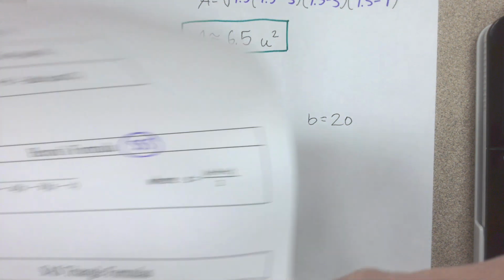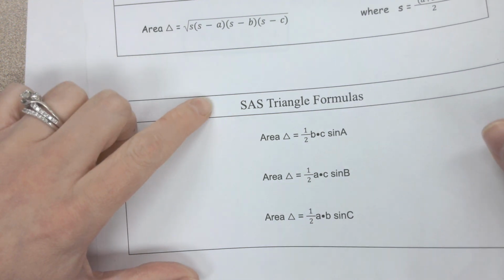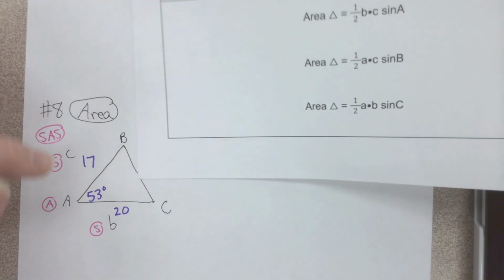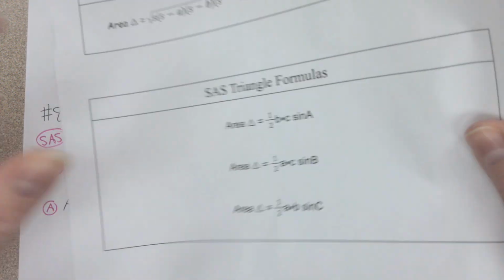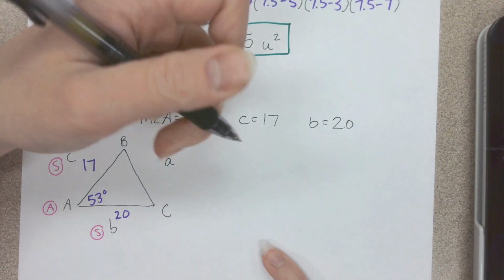So we can very clearly use the SAS triangle formulas. And we have angle A, sides B and C, so we're going to be using the top formula here. I'll write it out.